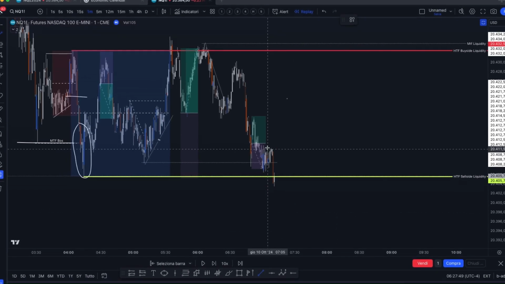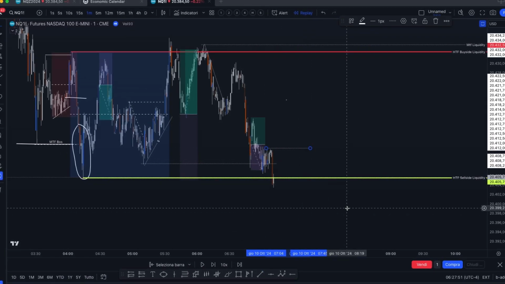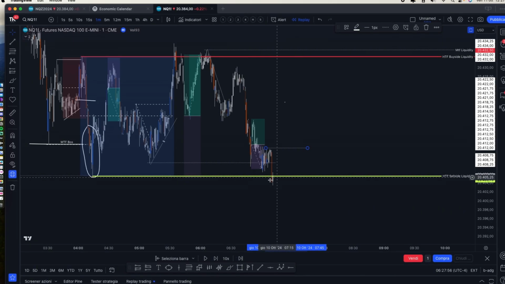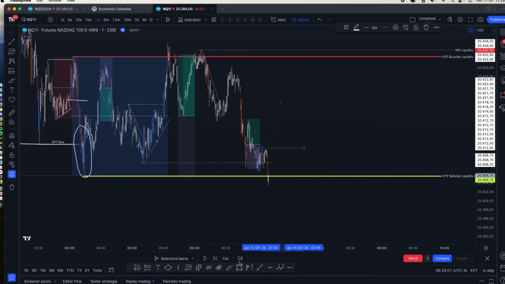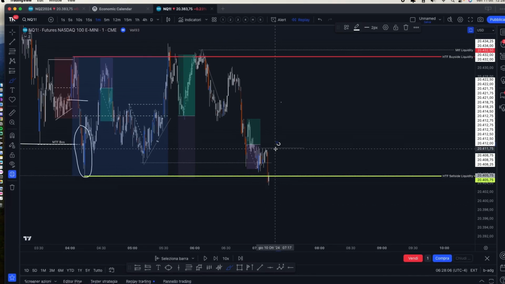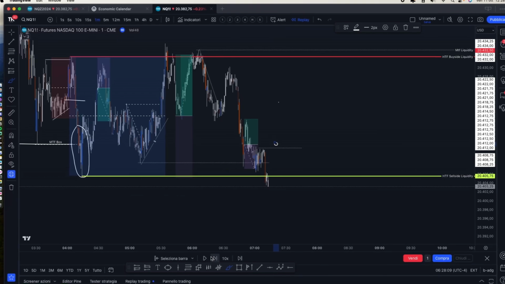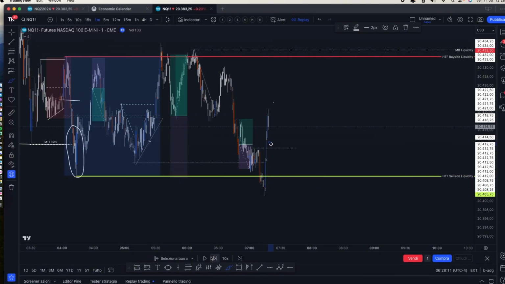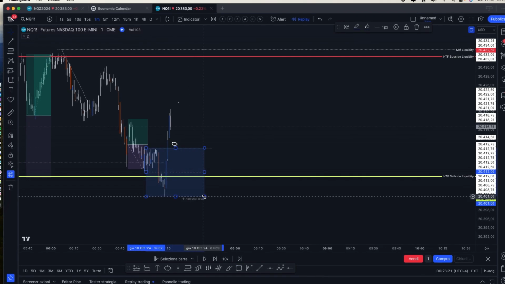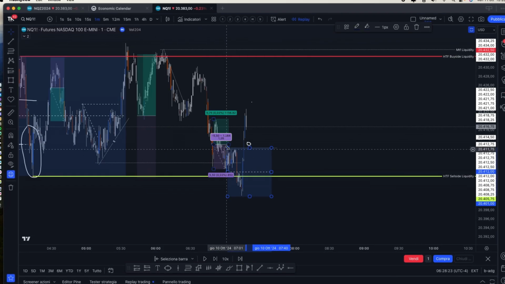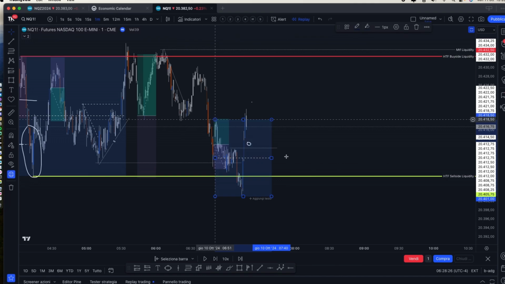When I realized that we are in front of manipulation, I took the liquidity here, when price closed above this recent structure, and that's it. So this is the first new demand zone that we do have.